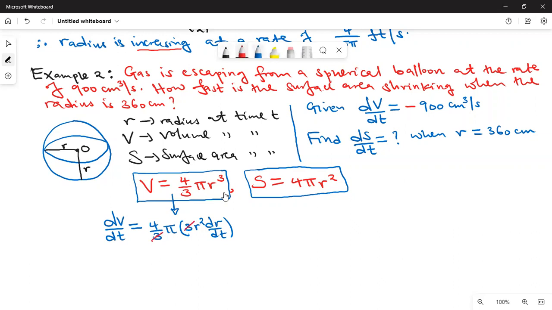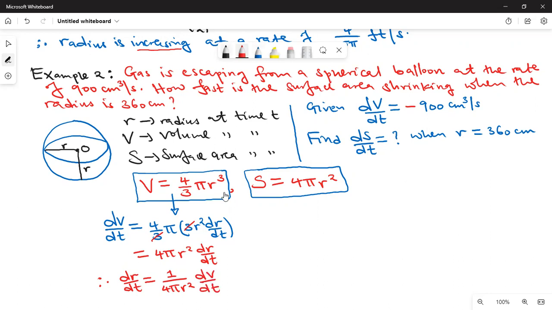If you simplify, you're going to get 4 pi r squared times dr/dt. And so therefore, you can make dr/dt the subject. You can say therefore dr/dt from this equation is 1/(4 pi r squared) times dV/dt. That's what we have.